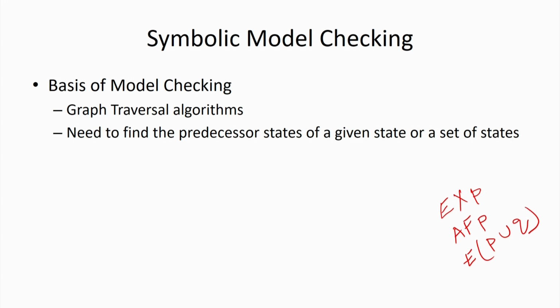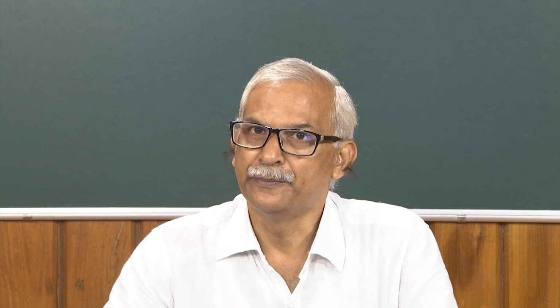Now, the implementation of these three operators is nothing but a graph traversal algorithm. And what is the crux of this graph traversal? We just need to find the predecessor states of a given set of states.